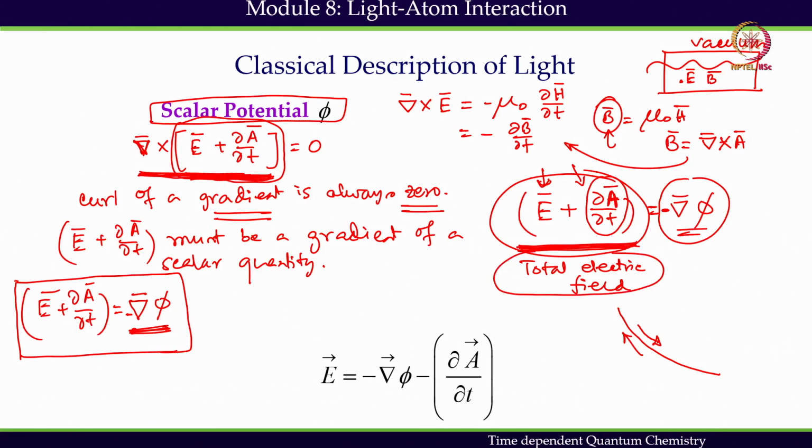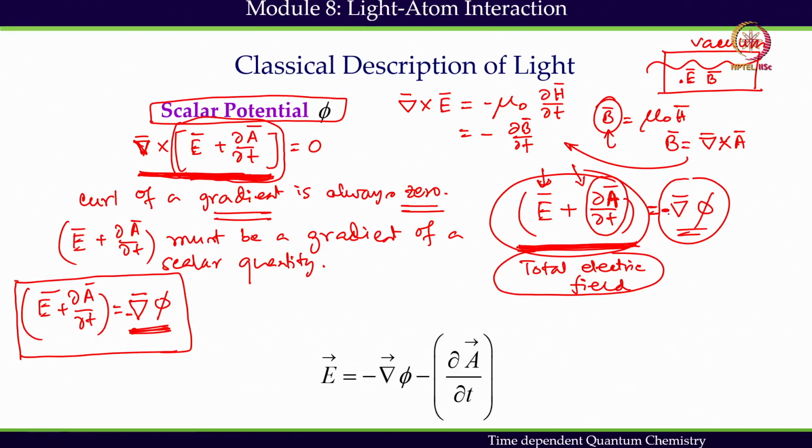If the charged particle is left here without any force, then it will just reduce its potential this way, and that's the way force is acting. But this way potential is increasing. So this opposite directionality of the potential versus field is pointing out that we should have a negative sign.